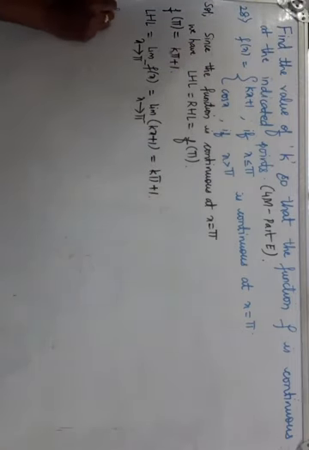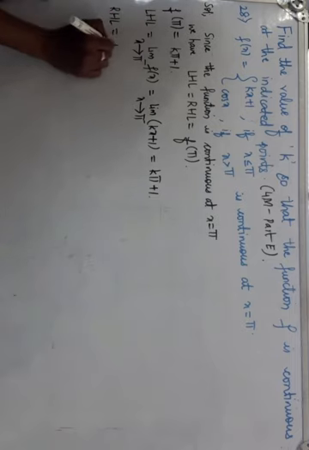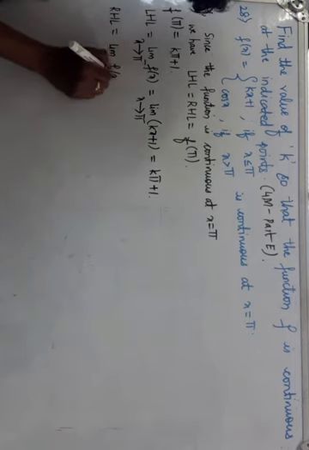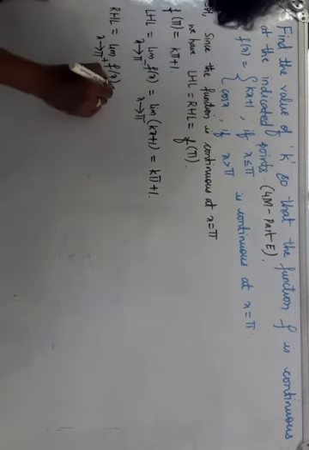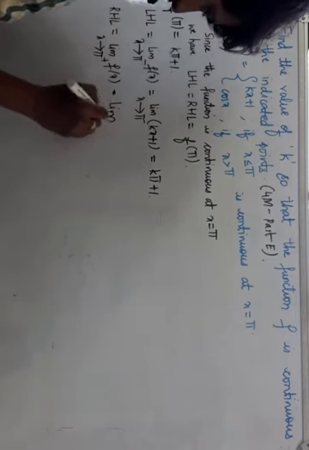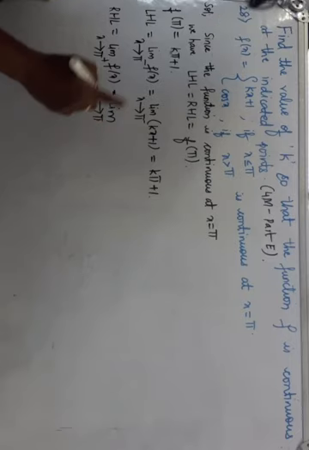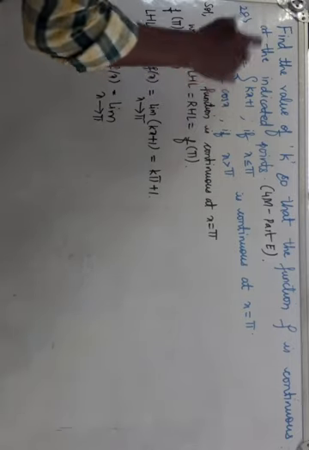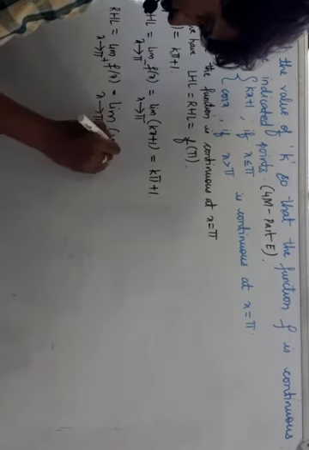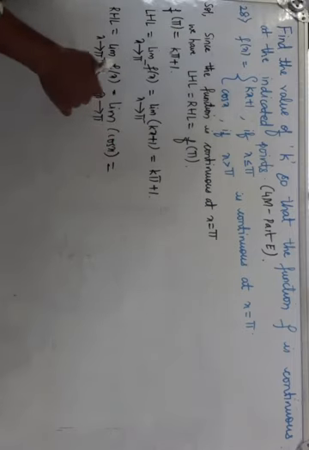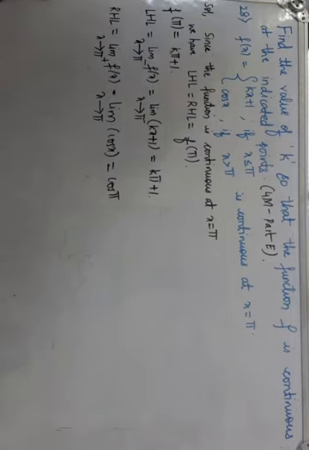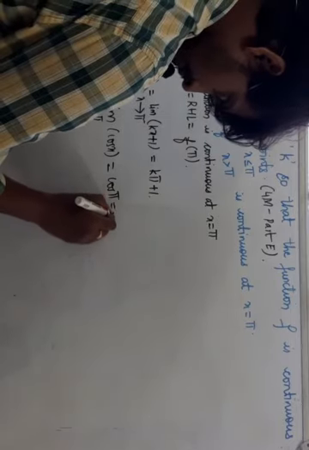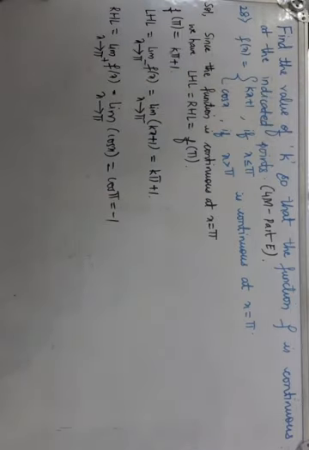Again go for RHL. RHL is equal to limit of the function f of x as x tends to pi plus. So this will be limit as x tends to pi plus, greater than pi branch, that is second branch, cos x. When you calculate this value you get cos pi. What is the value of cos pi? -1. Cos pi is -1. Now equate LHL and RHL.